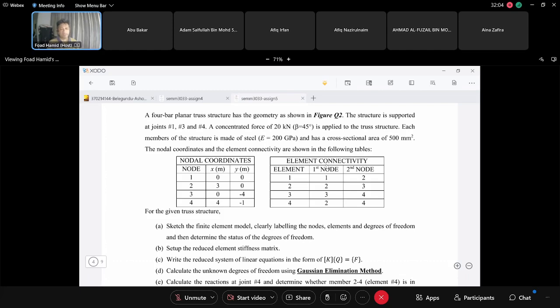I don't know how many marks, but there'll be a penalty. Because if you use your own connectivity table, your intermediate answer will not be the same as the marking scheme.